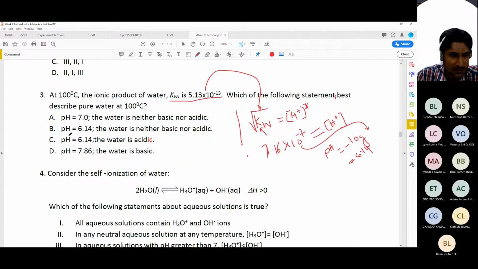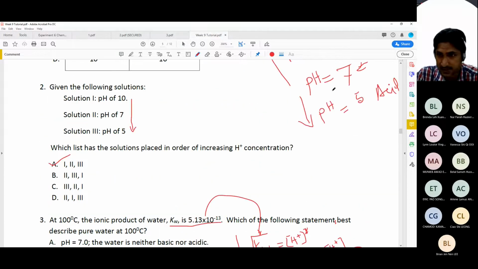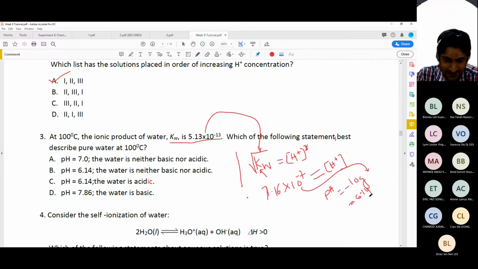So is the water acidic or basic? Acidic. All right. Since it is going down from 7, less than 7, it is supposed to be acidic, but it is not the correct answer.